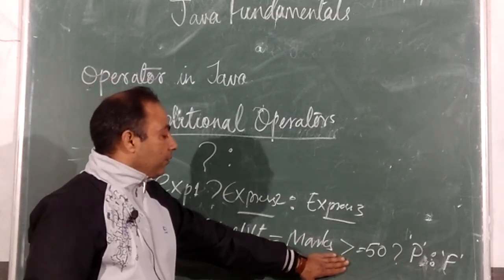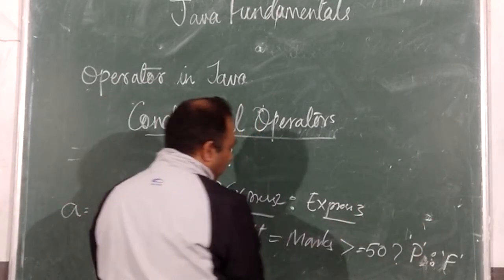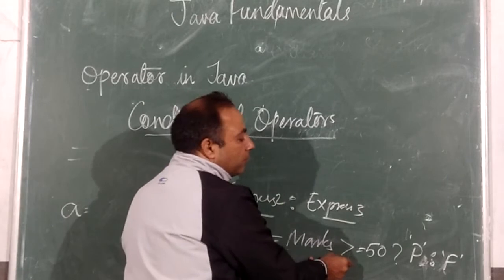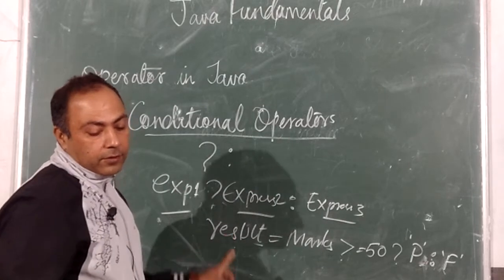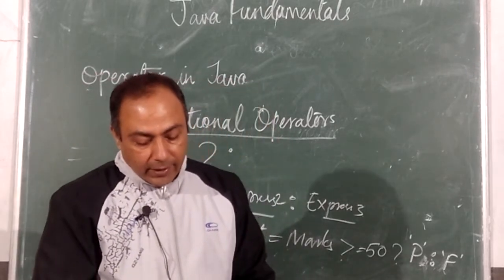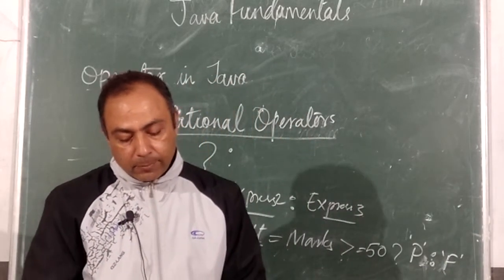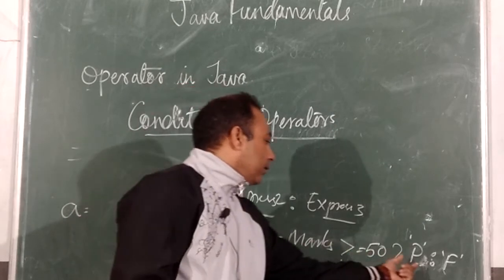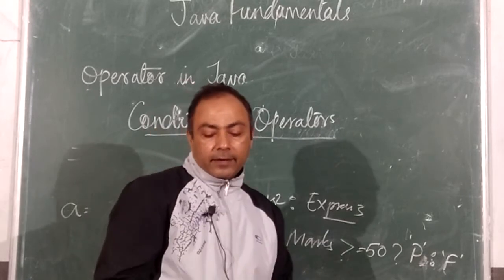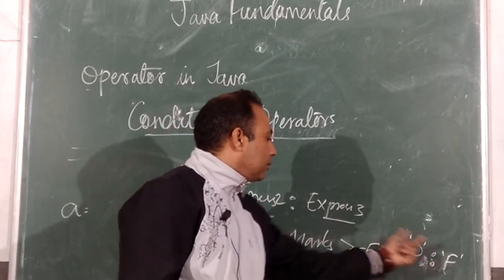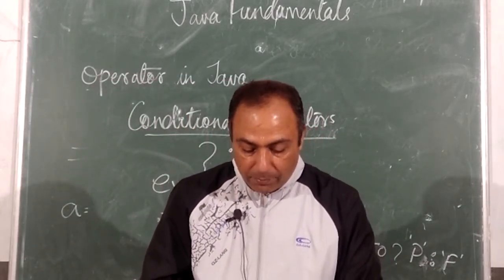If the condition is true, it takes P and returns P to the variable result, and if the condition is false, it returns F to the result. So if expression 1 evaluates to true, then the value of the whole expression is the value of expression 2. If expression 1 is false, then expression 3 will be the value. So these are the conditional operators.